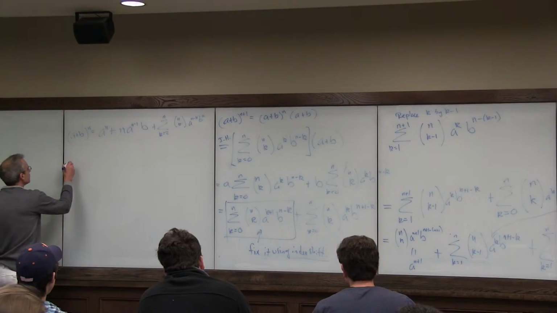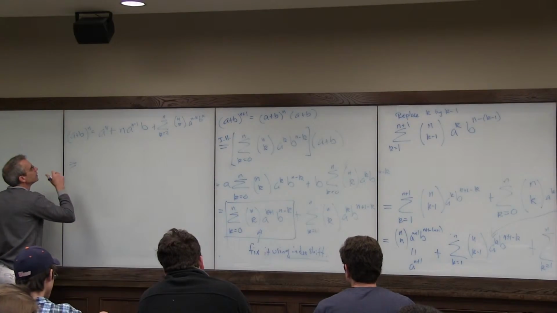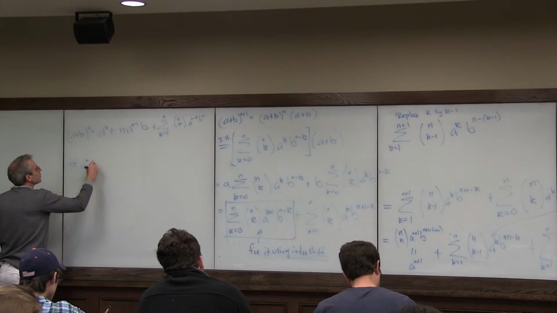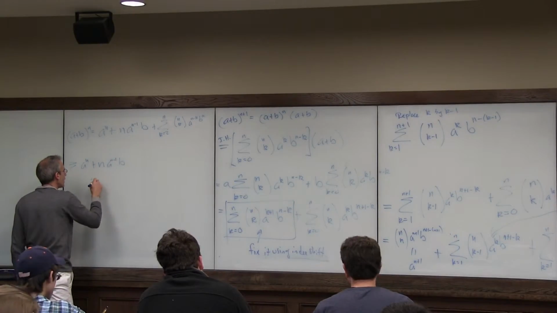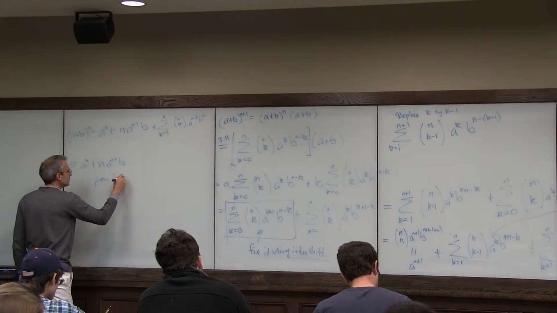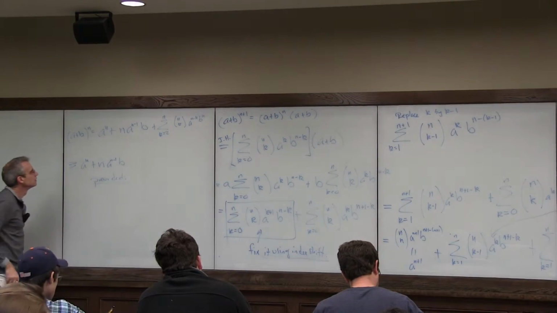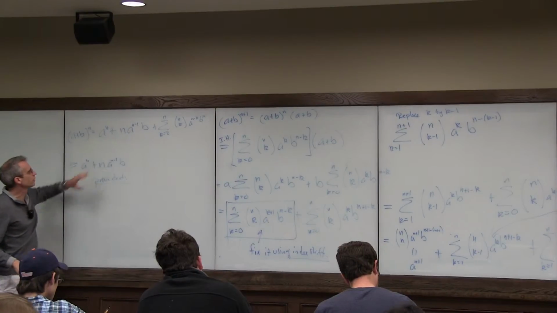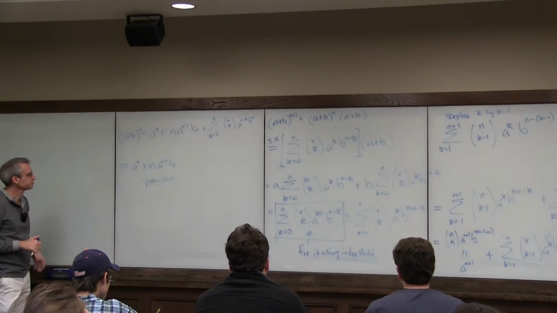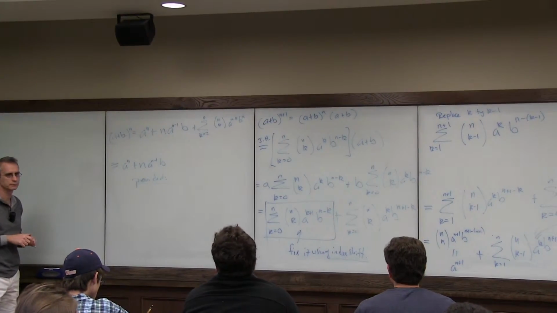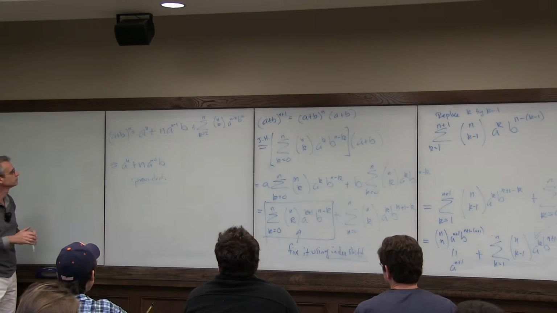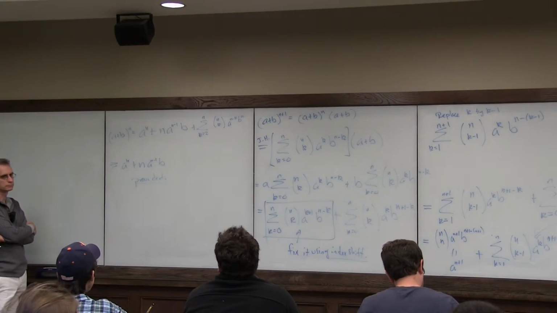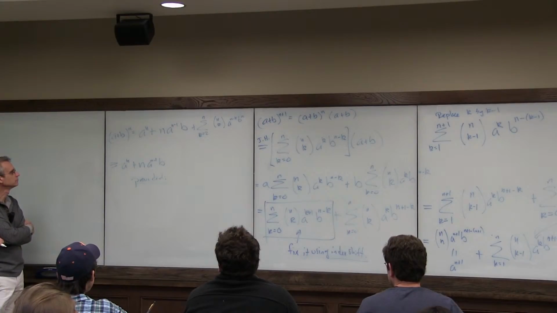Okay, well this then in fact is bigger than or equal to a to the n plus n a to the n minus 1 b, provided. So how did I go from here to here? You assume that sum is greater than or equal to 0, right?